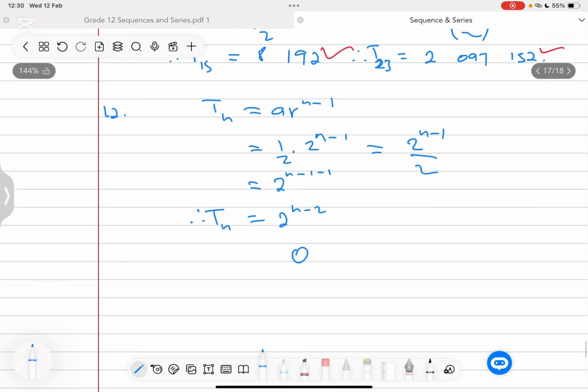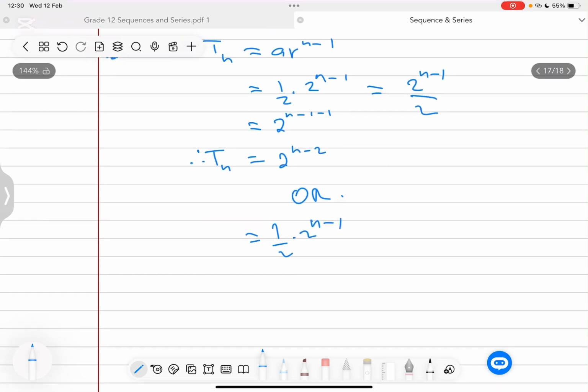Another way in which you can solve this, there are many ways. I think that's the sweet thing with it. I'm going to start from this point here, where we have 1 over 2 to the power n minus 1. I can rewrite 1 over 2 as 2 to the power negative 1.